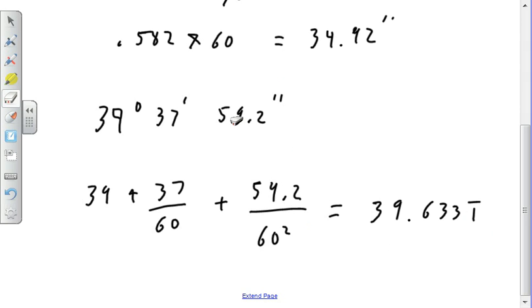And I'd say, well, portions of a second, that's pretty small. So I'd probably keep 5 of them, 39.633. And I might even keep one of the ones, who knows. I'd go the other way and see if this gives me that, and if it didn't, then I'd have to keep more of these in order to have enough significant digits to go by.